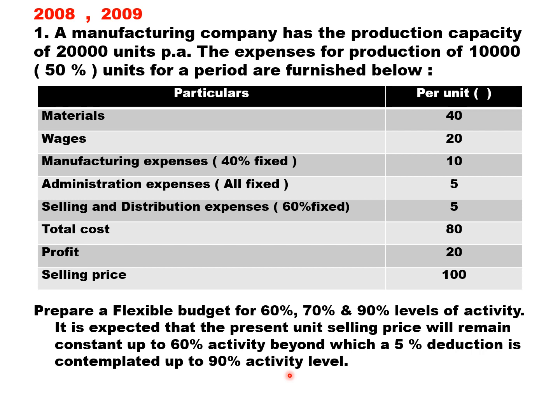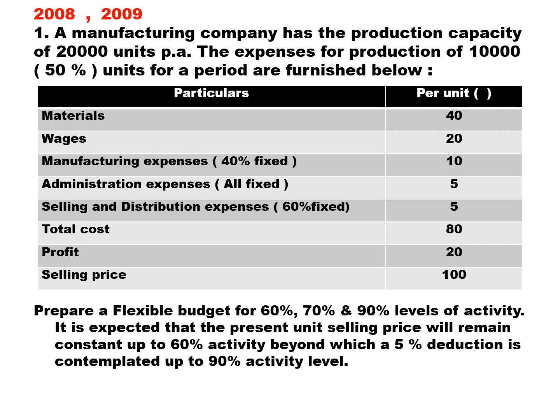It means at 50% and 60% capacity the selling price will be 100. At 70% to 90% the selling price will be 95, that's 100 minus 5%.